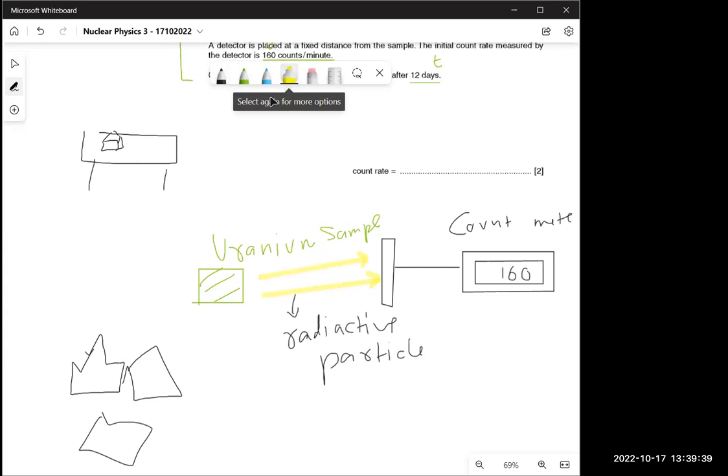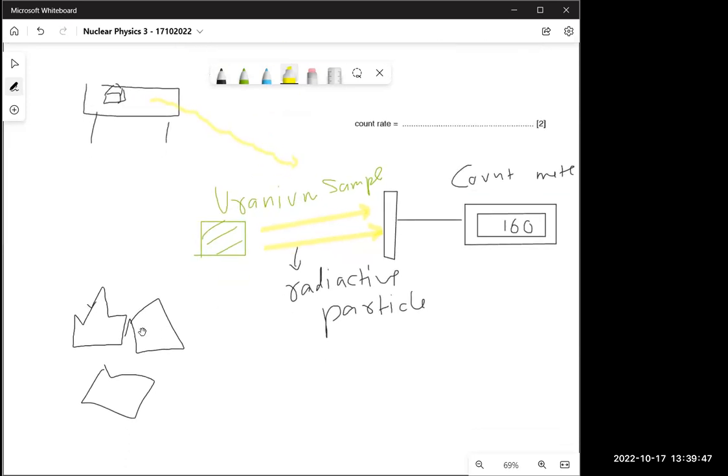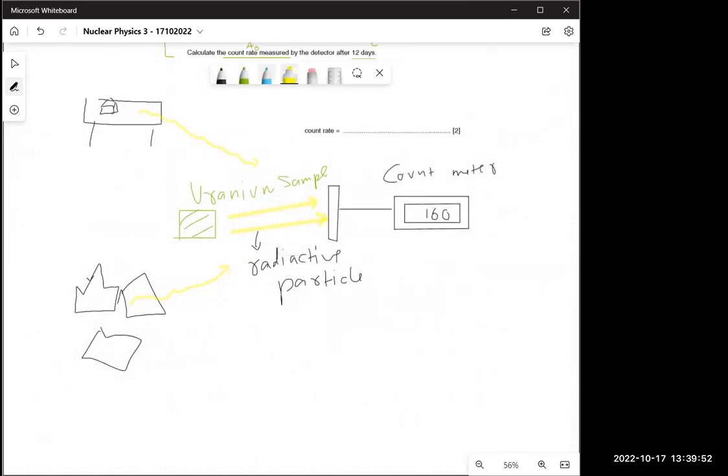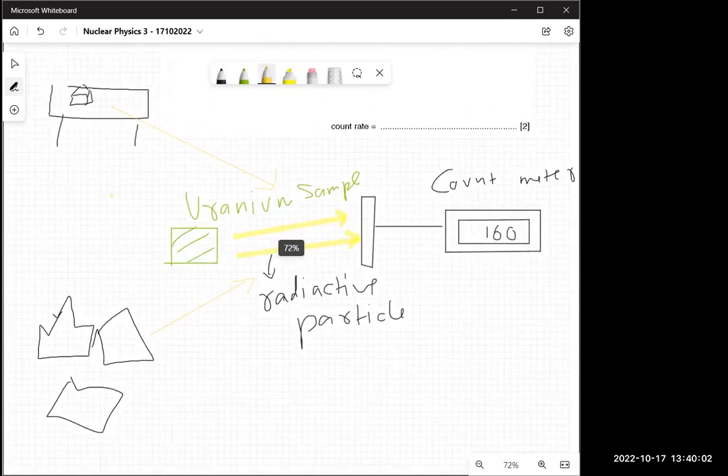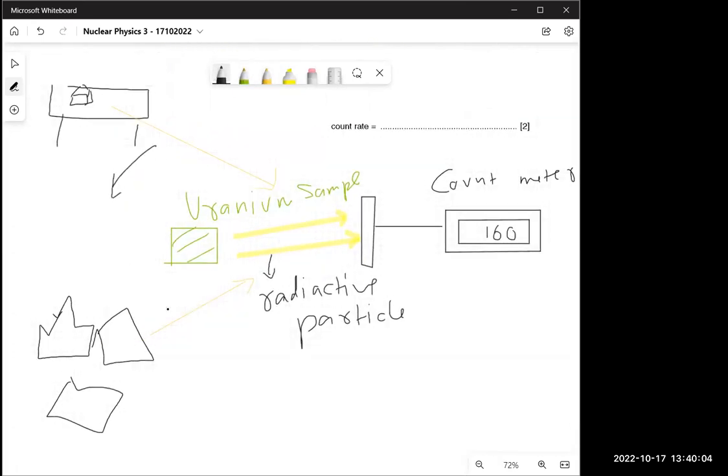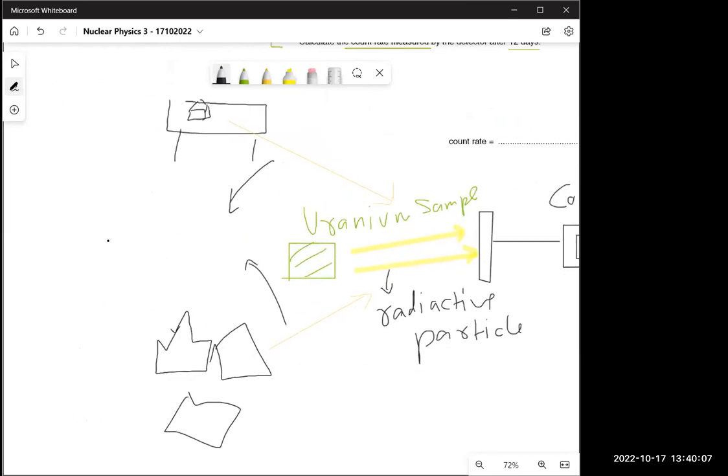These are giving very small amounts of reading, very tiny, about this much, and it is also coming towards the count meter. This right here is called the background radiation, which is not because of the sample but other things in the surrounding. Background radiation.